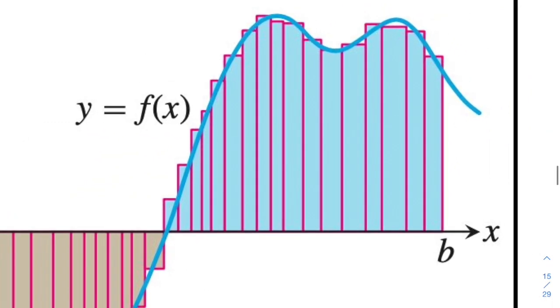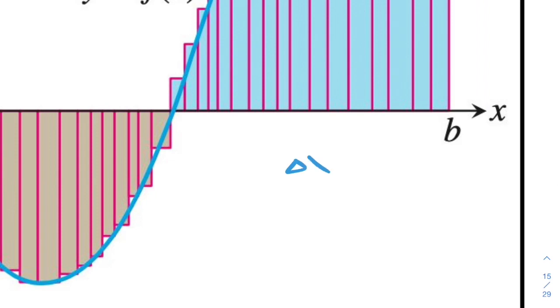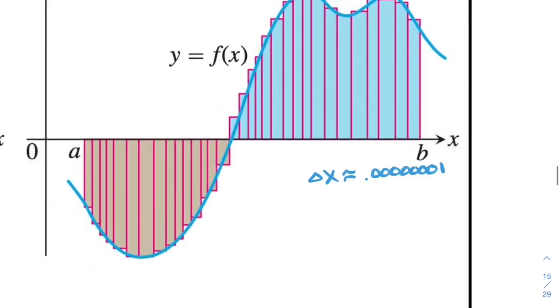It's a really great idea to be able to manipulate the size or width of them. And in theory, if we could make our rectangles have no thickness, imagine if delta x was approximately 0.00000001 wide. Wouldn't that be great?